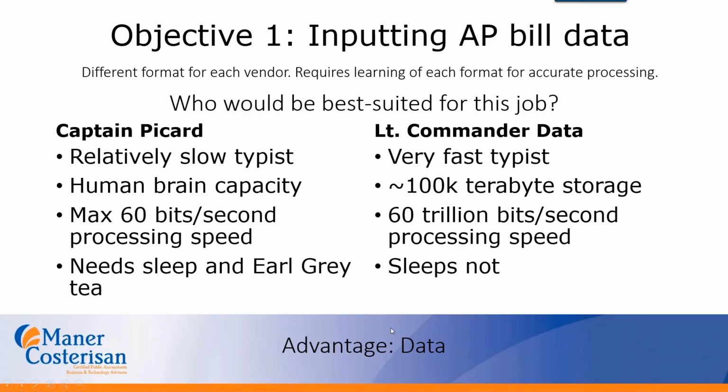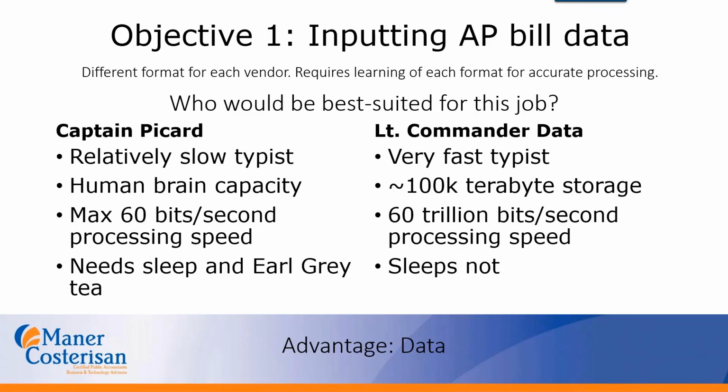So if I had to assign a job to input AP bills with some level of human intuition, I would give it to Data because the advantages he has are very fast data entry, and he knows how to follow directions, and he can do these tasks very quickly and in a repetitive nature.